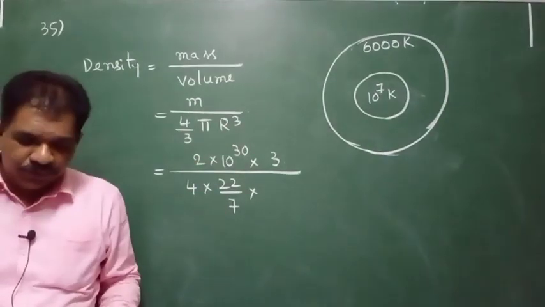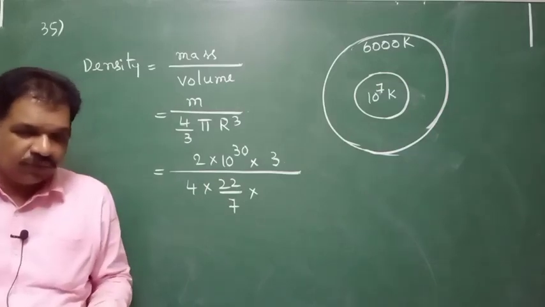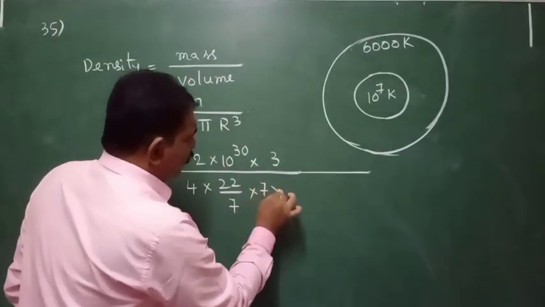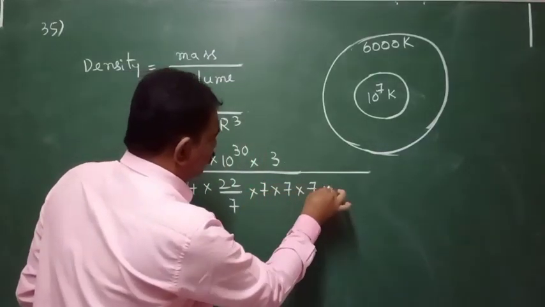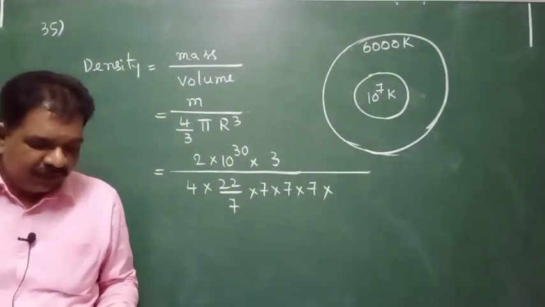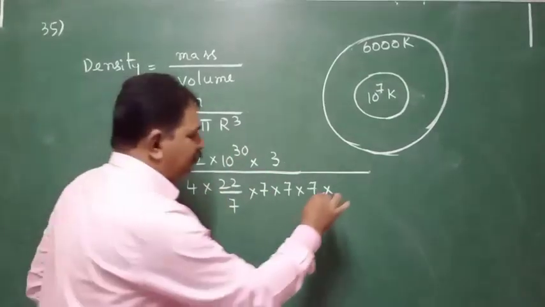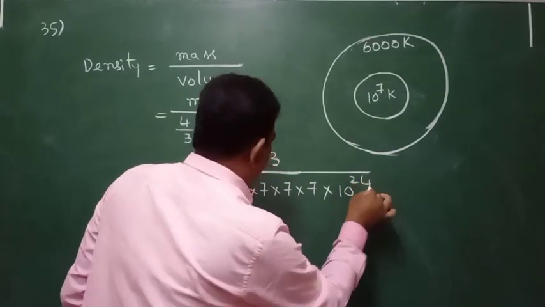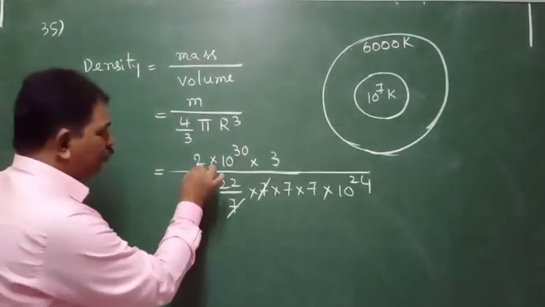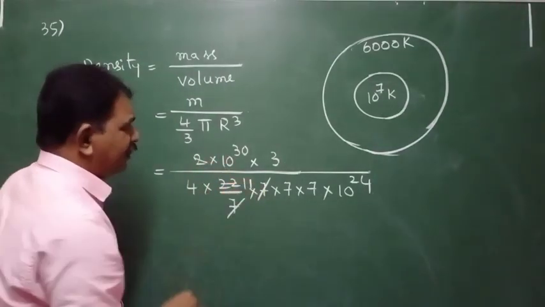Then r cube. R value they gave as 7 into 10 power 8. R cube means 7 into 7 into 7, 7 cube, and 10 power 8 into 10 power 8 into 10 power 8 means 10 power 24. 7 and 11 will cancel, 2 and 2 will cancel.